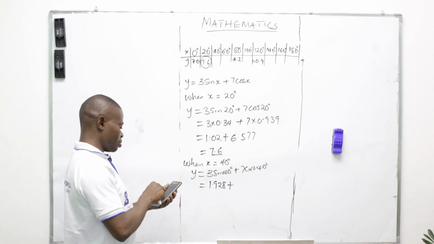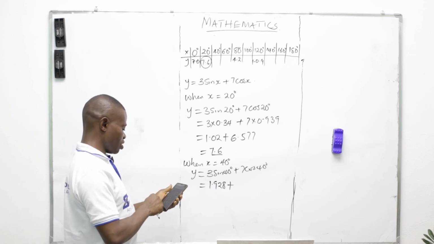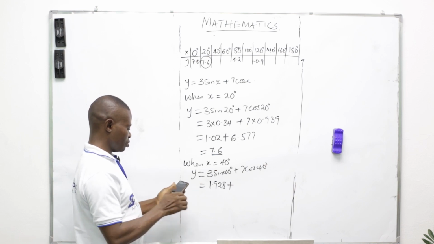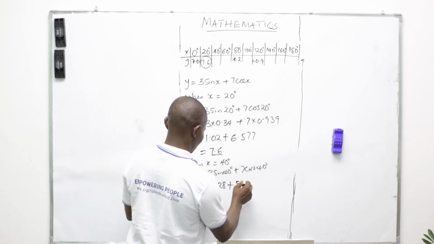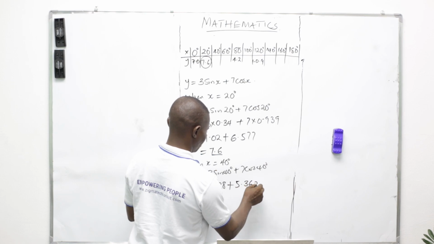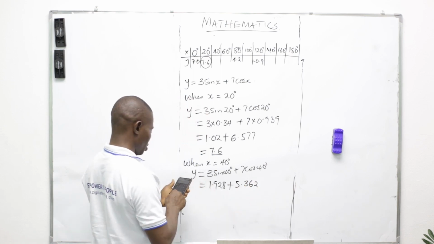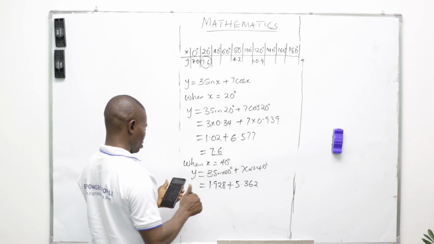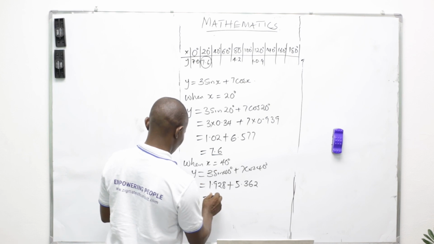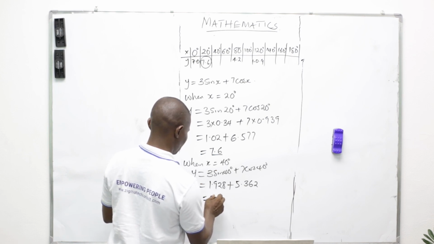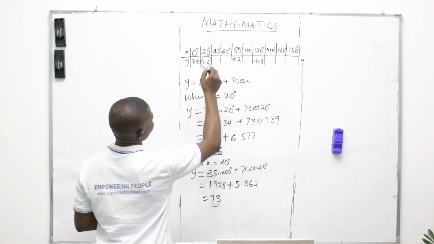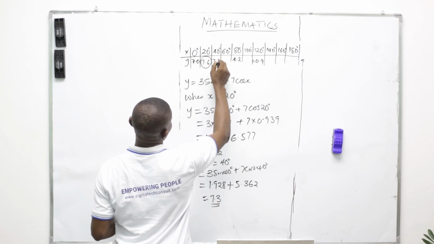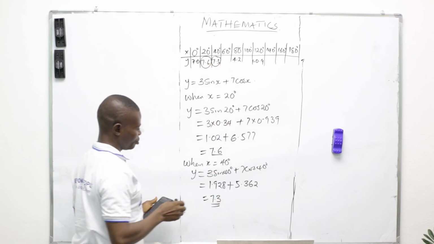Remember, you are not allowed to approximate whatever you're solving until you are done. Cos 40 times 7 is 5.362, then plus 1.928 gives us 7.3. Here is 7.3. You circle it.